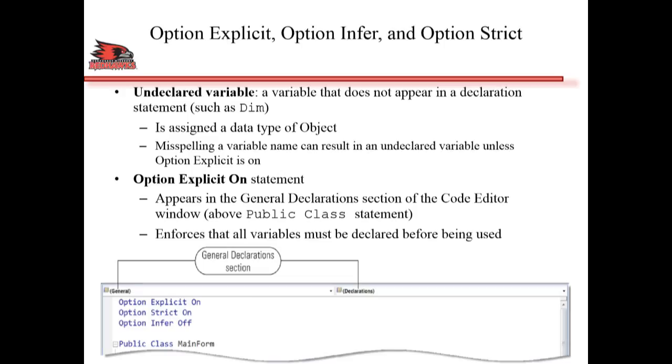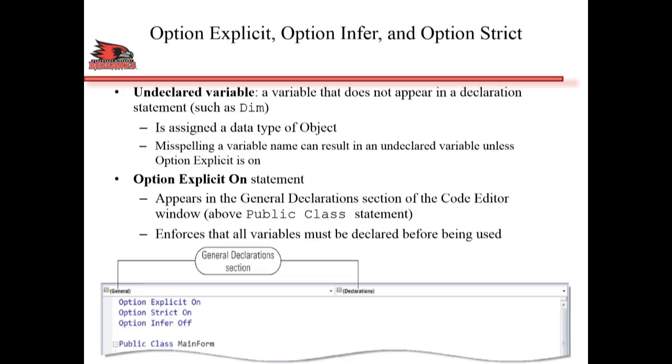If that option is actually set off, then you don't have to declare a variable, so you can just go ahead and use that variable somewhere without even defining it, and Visual Basic will just think that you meant to declare it, and it will start guessing at what the variable could be, and just assign a data type to it.